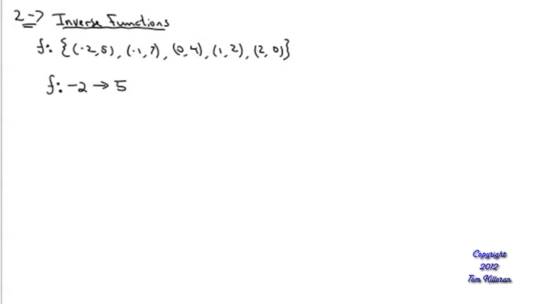I could make f of x equal to x plus 7, and if I plug in -2, -2 will generate +5. But that's not the way I want you to look at this, though that's a way of looking at it. So, -2 is going to 5, -1 is going to 7, 0 is going to 4, 1 is going to 2, and 2 is going to 0.